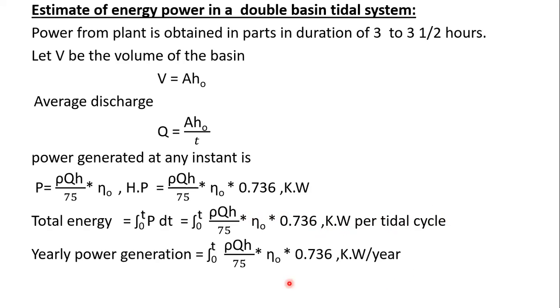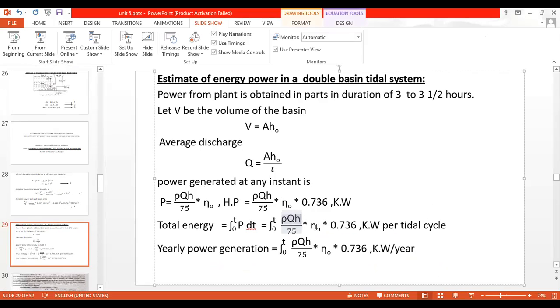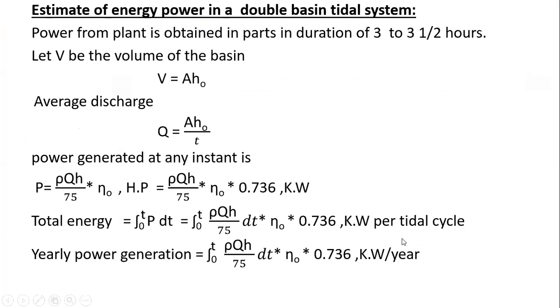And per year also we can calculate. So the yearly power generation is the integral of P dt, the same 0 to T, but here per tidal cycle and finally per year. This is the yearly power generation.